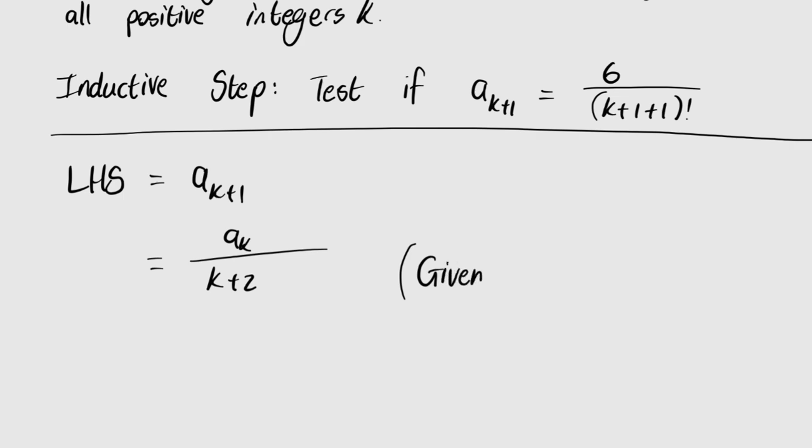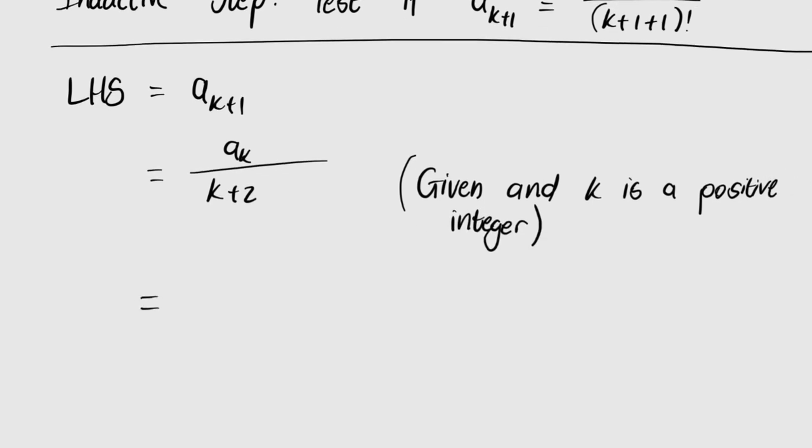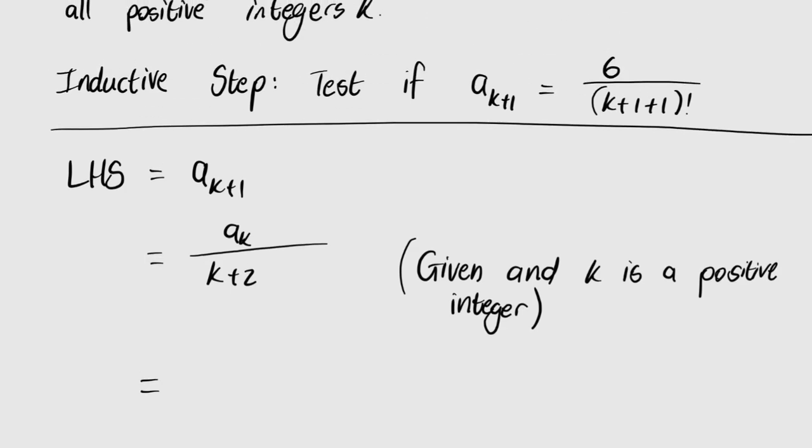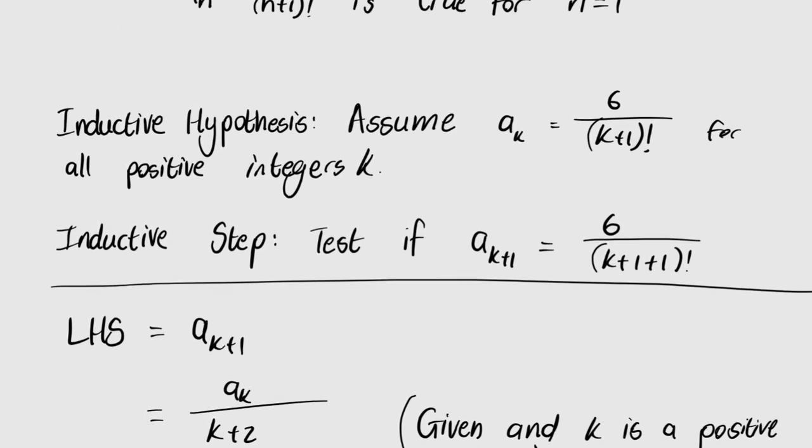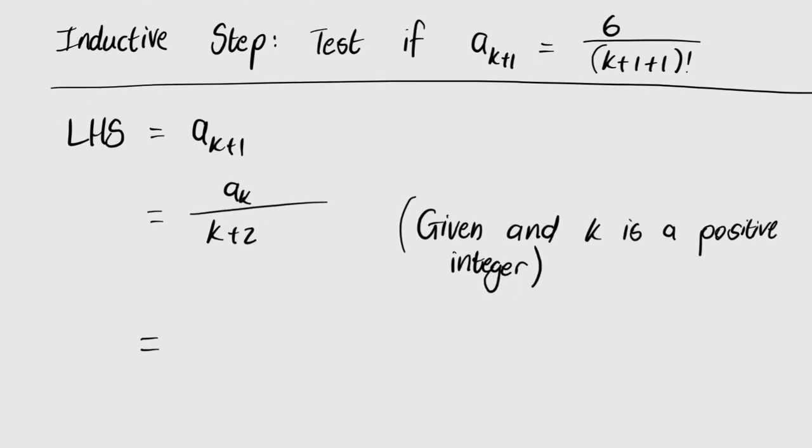Given, and k is a positive integer, we can also see, based off of the inductive hypothesis, that a_k is equal to 6 over (k plus 1) factorial.